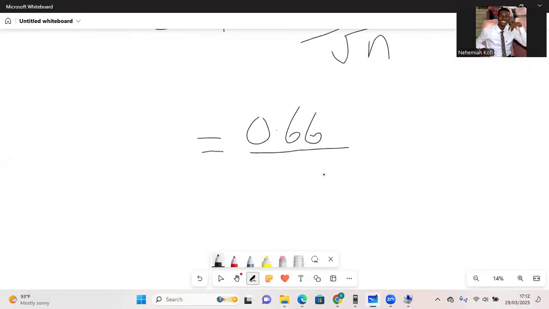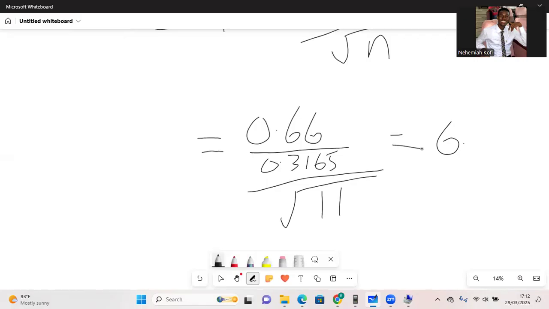So you can use that one: 0.3165 all over root of n. N here is 11 because they took 11 as the sample size. Then in all, we are going to get 6.9162. This is approximately 6.916.